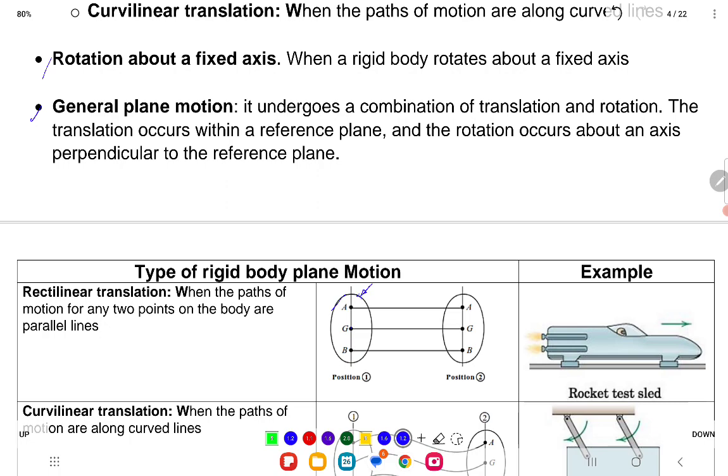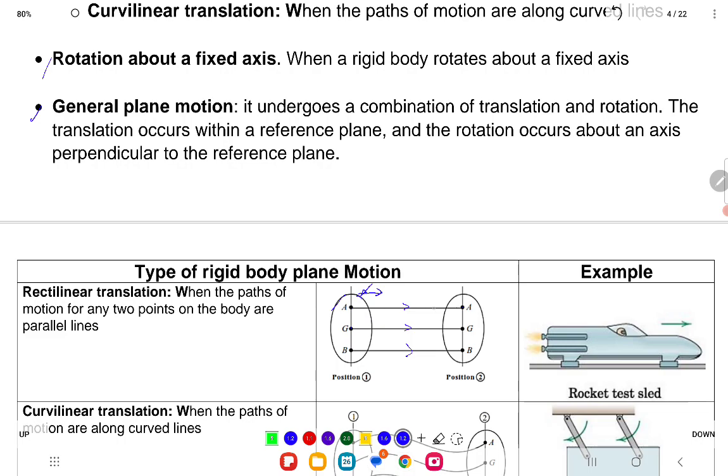If this rigid body moves in this direction, you will find that if you connect the old and new positions of the 3 points, all of them will be parallel straight lines. So it means the rigid body is translating, and the vectorial translation can describe the motion of this rigid body.